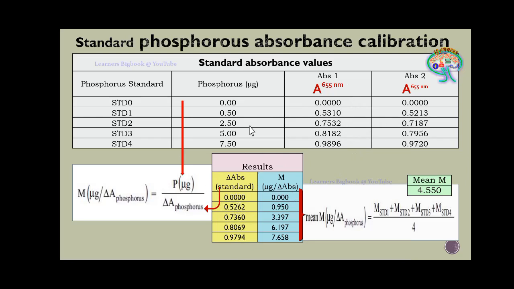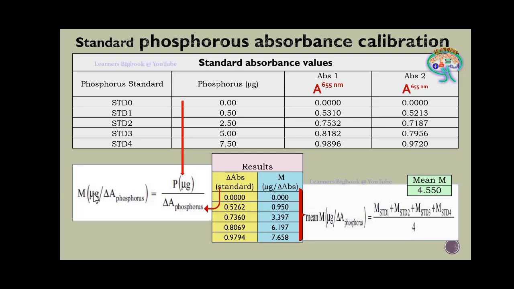This is going to be the standard absorbance of the phosphorus. This particular absorbance will be considered the m, the mean, and for each concentration, microgram per phosphorus absorbance will be calculated.